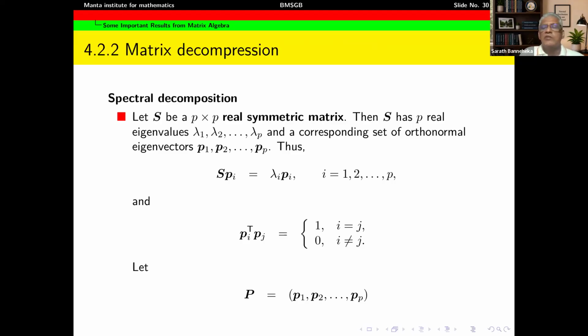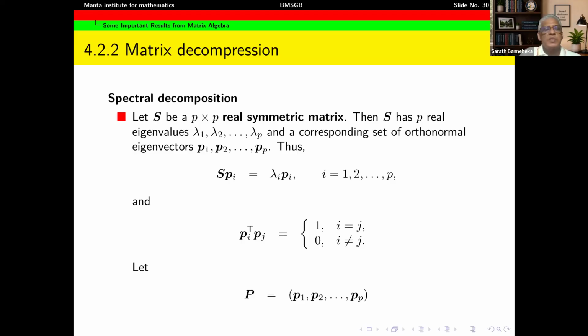And then quickly we will look at two types of matrix decompositions, which are useful for our multivariate normal distribution section. The first one is the spectral decomposition. Let S be a p by p real symmetric matrix.